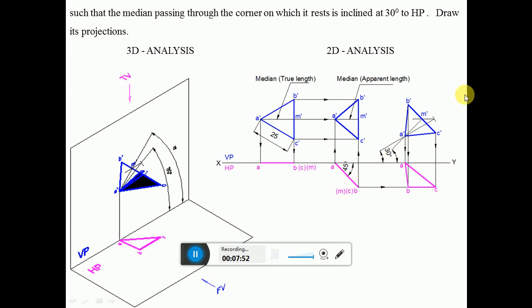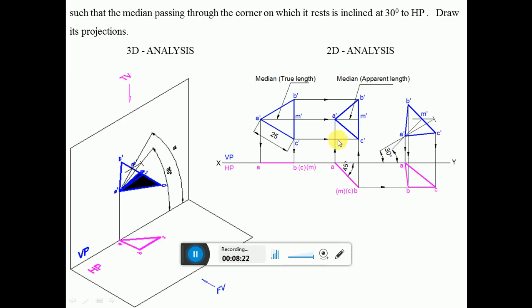Then redraw the sketch on this alpha inclination line, which is the apparent inclination line. How to do that? You measure the length A dash M dash. Since B dash C dash is perpendicular to A dash M dash, you hold the protractor on this alpha inclination line, measure 90 degrees with respect to this inclined line, and draw a perpendicular line here.